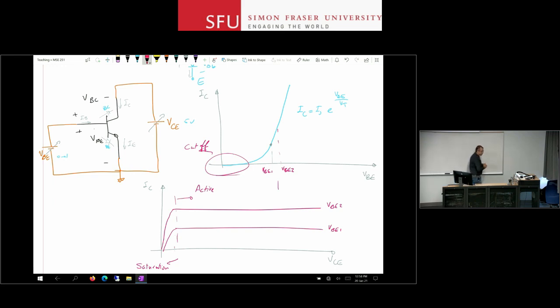In analog electronics, we usually are somewhere in between. We don't want the device to be fully in saturation or in cutoff. We keep it in active region. That's where we have all sorts of interesting phenomena happening. We have a lot of control over the device behavior. But digital electronics is easy. It's just going from off to on, off to saturation, and back.